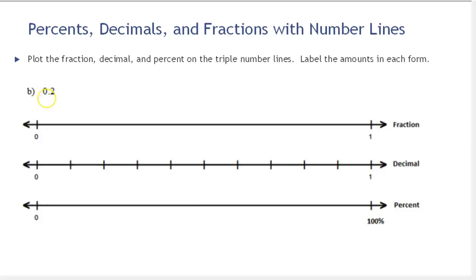In this example, we're given a decimal. We're given 0.2. And since this is broken into tenths, we'll go 1, 2 to 2/10, or 0.2. Okay. Now we can think of this in terms of a fraction. We'll use the same partitioning we had for the decimals. Okay.